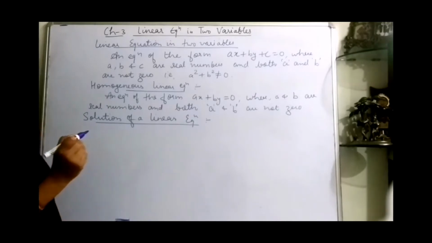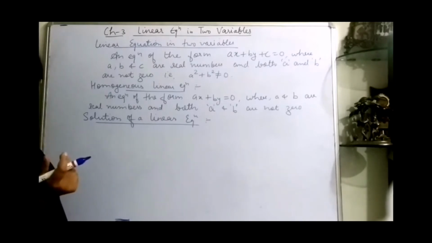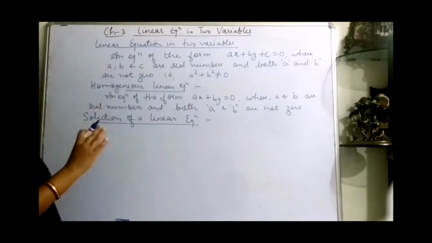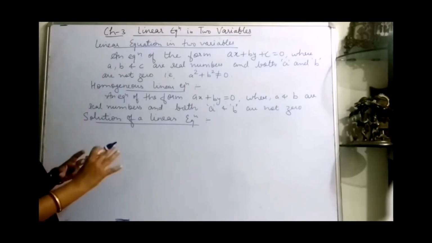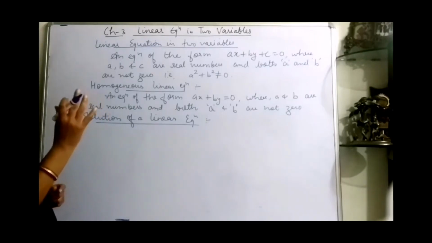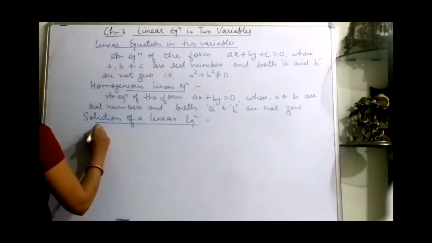It means suppose we have one linear equation x plus 2y is equal to 4. We have to put values for x and y in the left side of the equation so that when we solve, the left side is equal to the right side. Then whatever values we put for x and y, those values we call the solution of a linear equation.